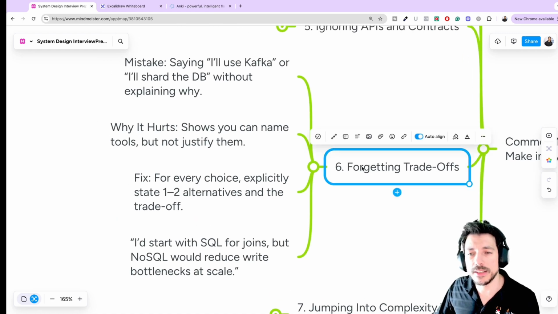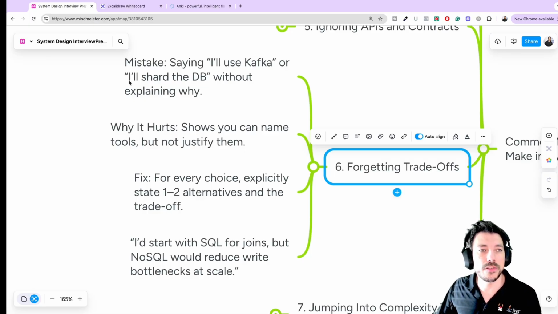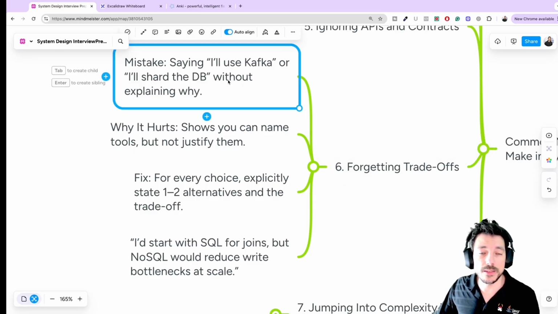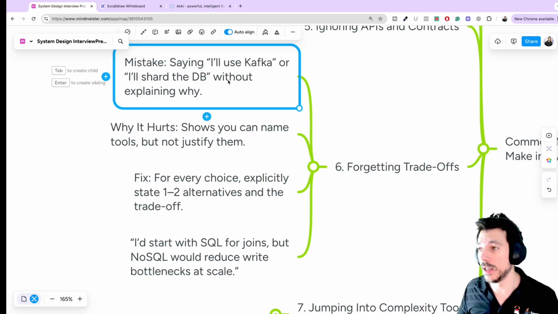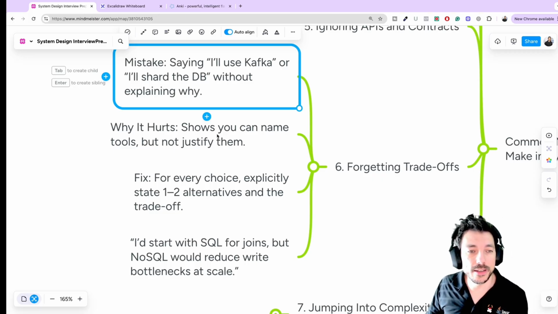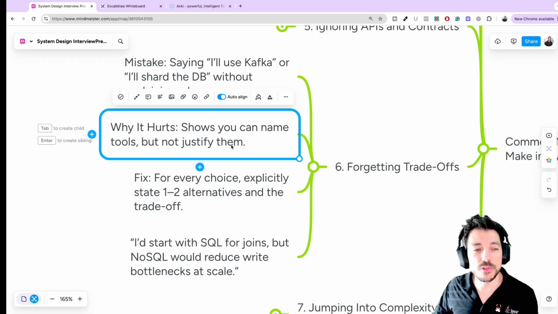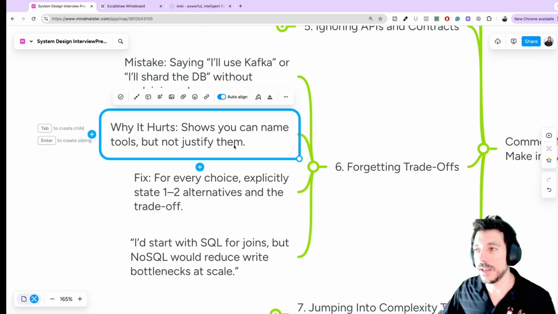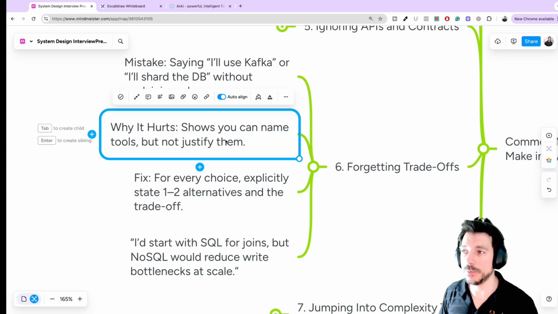Only this one might get you rejected as a senior software engineer. For example, you can say, I'll use Kafka, or I will shard the DB, without explaining why. This is a big mistake. You have to explain why you're using Kafka or why you're sharding the database. If you don't explain why, it will show that you can name tools, but you can't explain them. So you're going to look like a shallow developer who doesn't know about those tools.